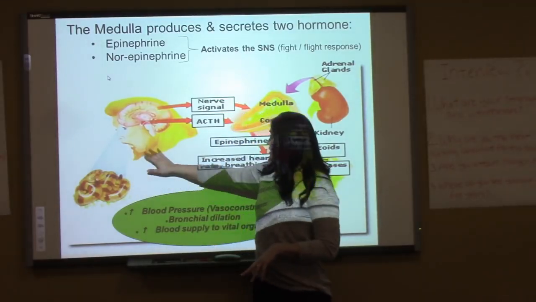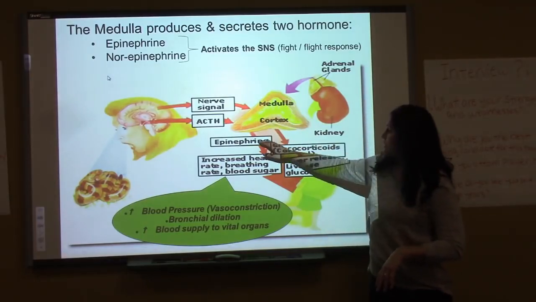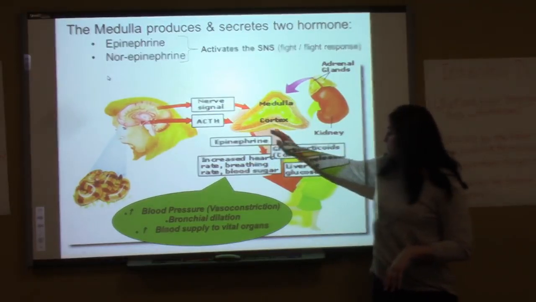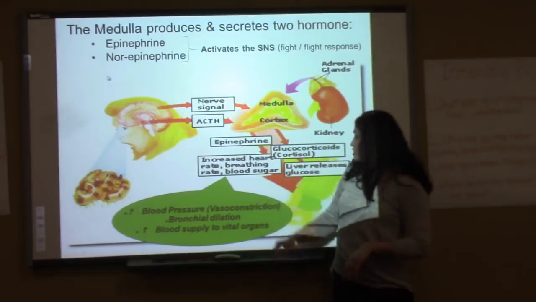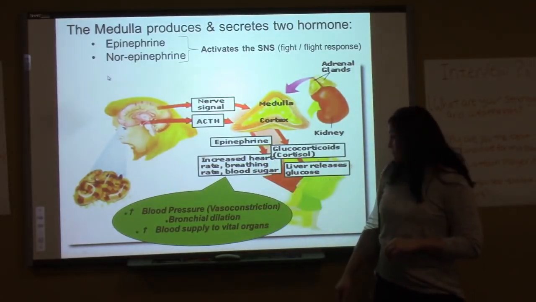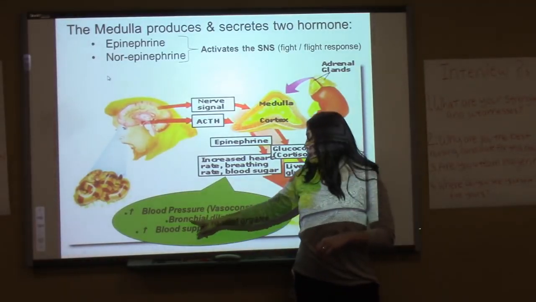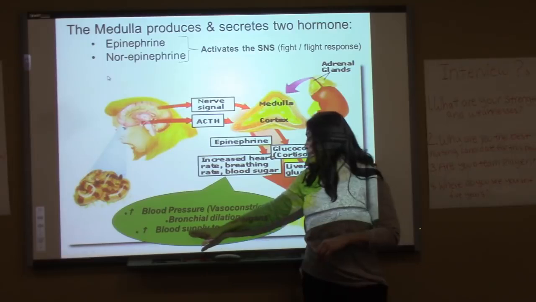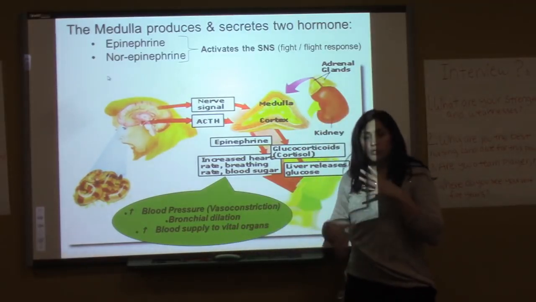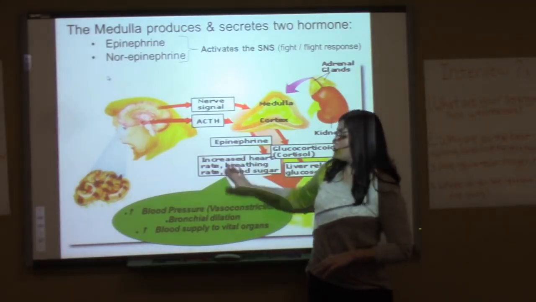As soon as they see it, it causes a nerve signal to the adrenal medulla to release epinephrine and norepinephrine. What do epinephrine and norepinephrine do? They increase heart rate, breathing rate, and blood sugar levels. They increase blood pressure via vasoconstriction. They cause the bronchi to dilate, and they cause blood supply to be diverted toward the vital organs. So that is the adrenal medulla.